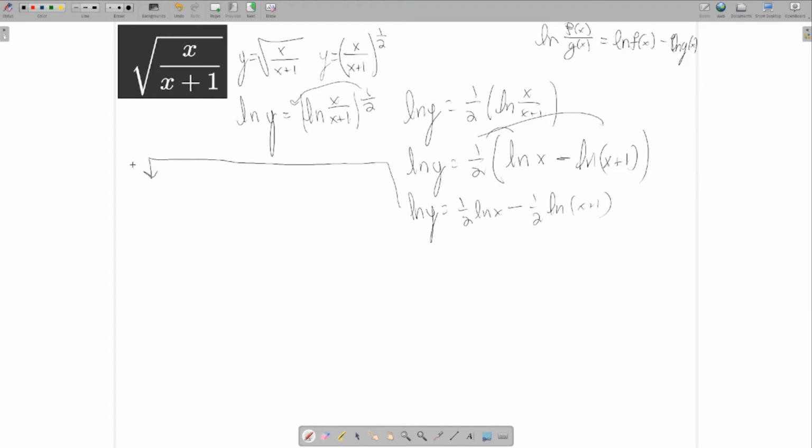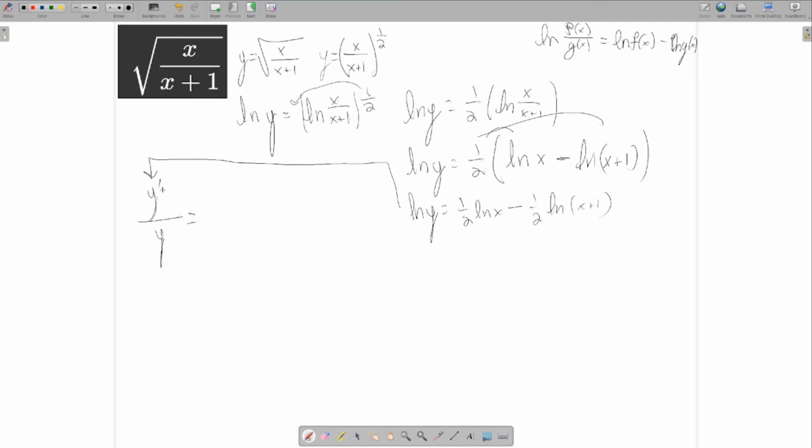Start from here again. As we know from the last example, the derivative of the natural log of y is equal to y prime over y because of the chain rule and determining y as a function of x.